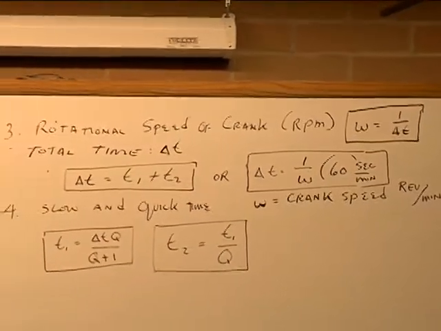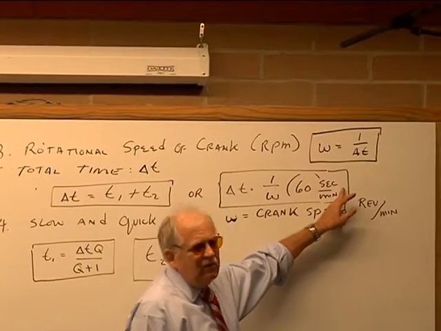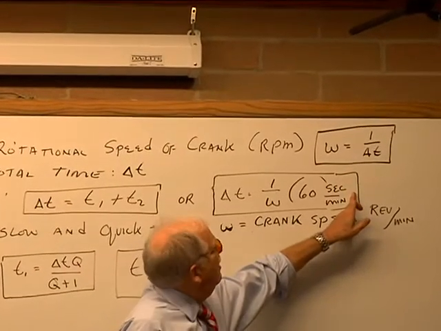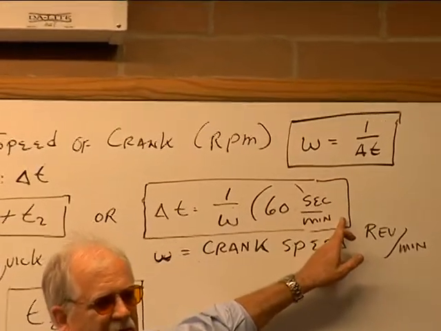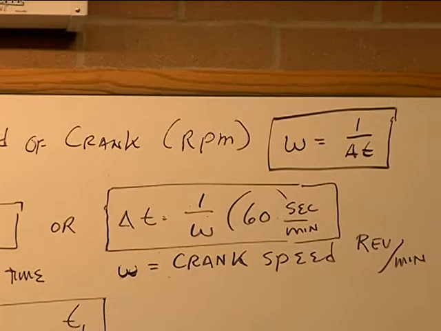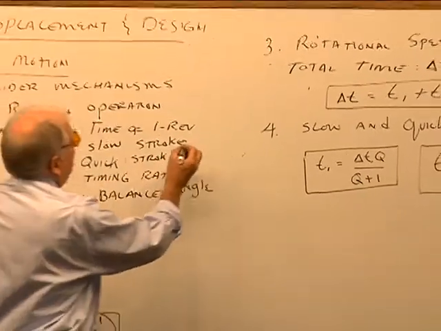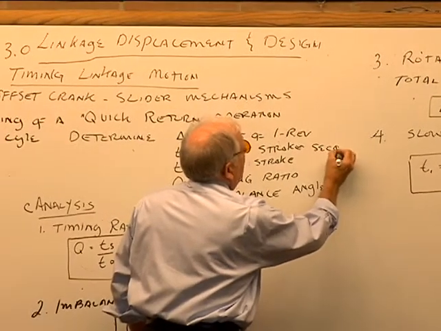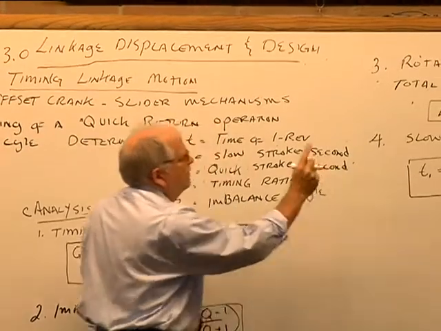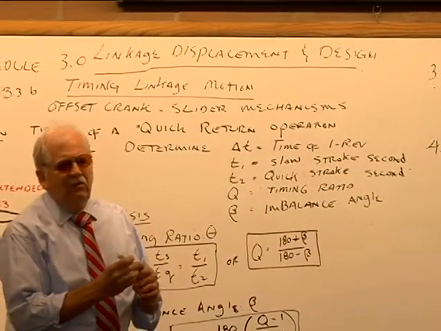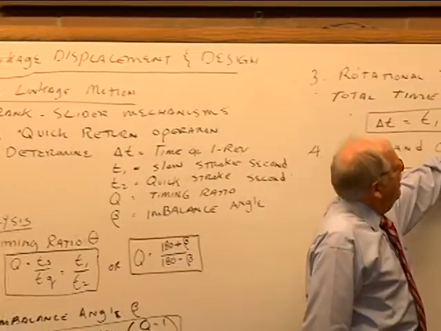The reason I have this formula here with 60 is that I need to convert the timing in seconds to minutes, because timing in this application is generally in seconds. So we'll have to convert those seconds into minutes once we get to the timing of the crank going around.